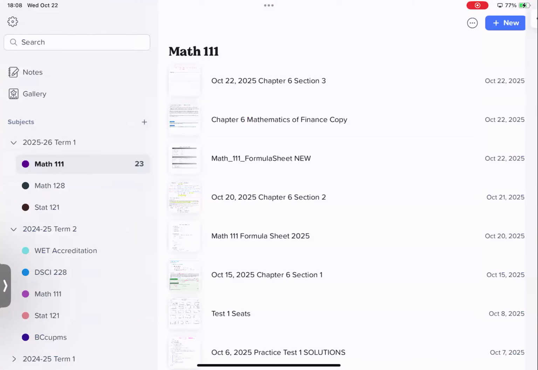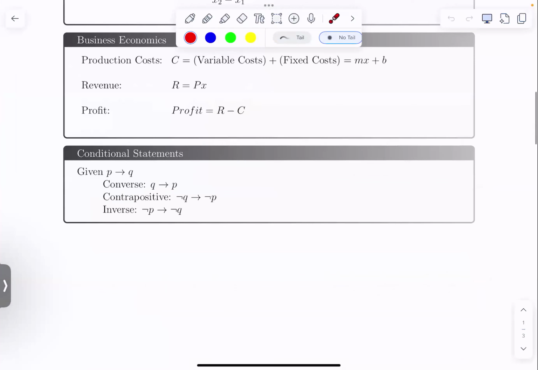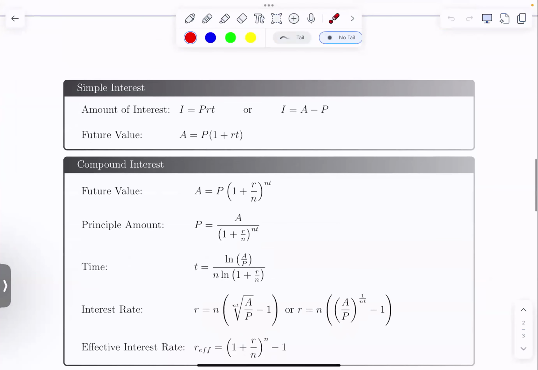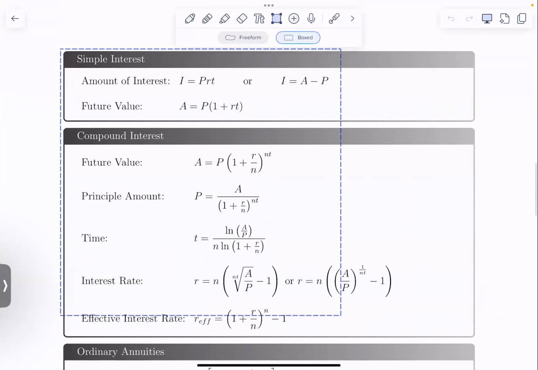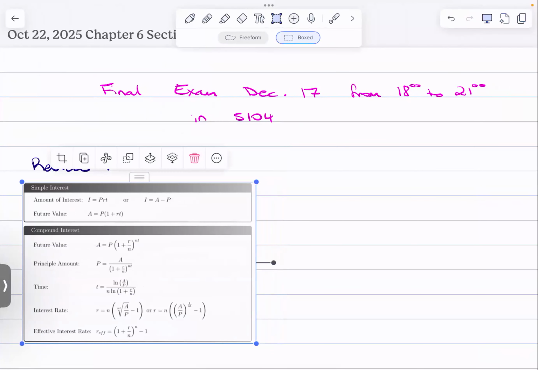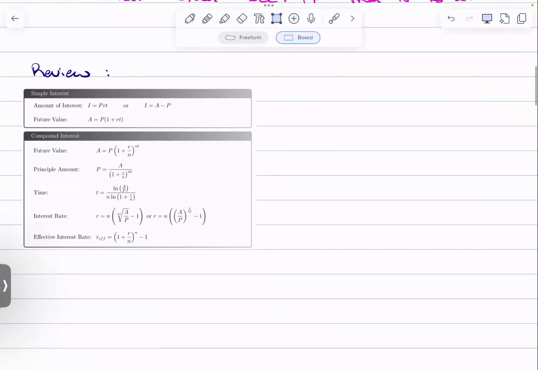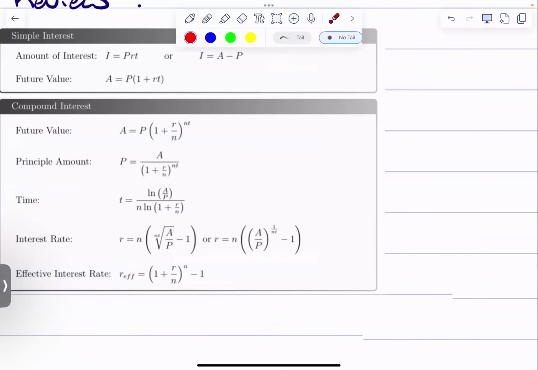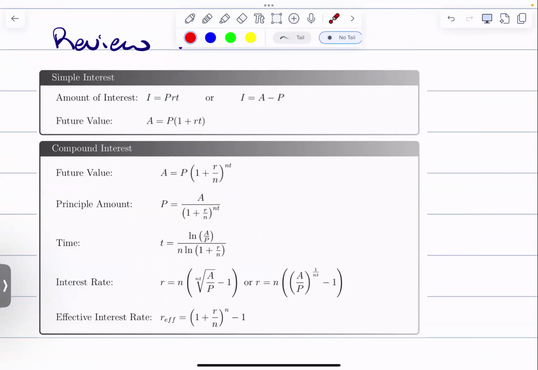Okay, I made those changes that we talked about last day, right? Capital I equals PRT. So here's our new formula sheet.